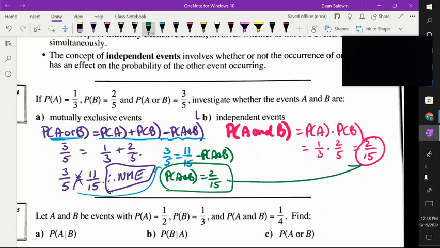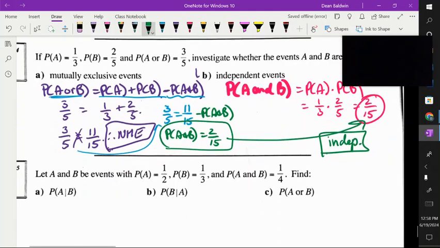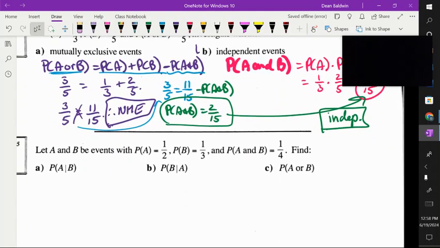And since that equals that, they are independent events. That make sense? It's a bit formula-esque, I guess.